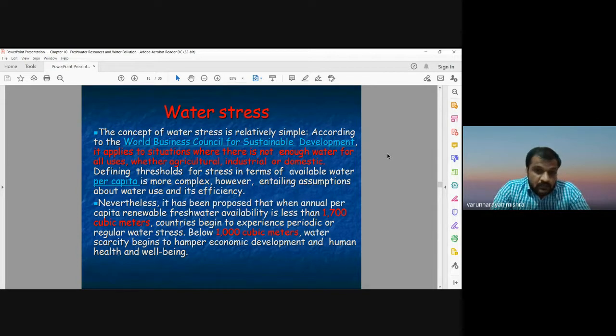In the ideal condition, the water availability is greater than 1,700 cubic meters annual water need per capita, and it can be considered a good condition. And if it is below 1,000, it will be considered a water stress condition that may negatively affect economic development, human health, and other well-being.